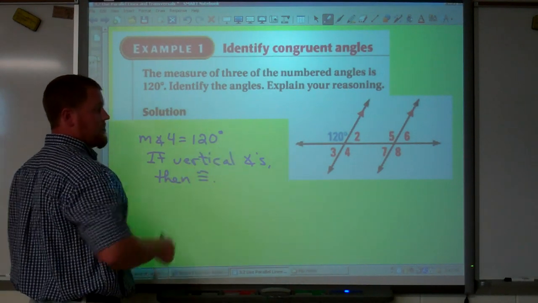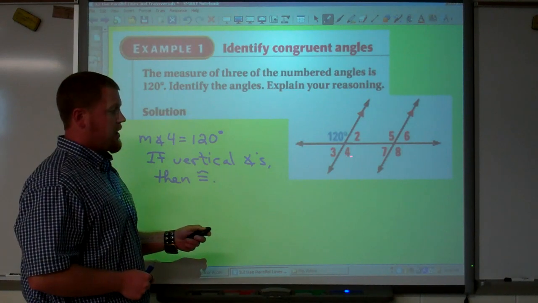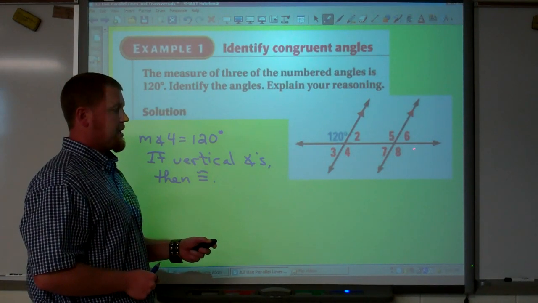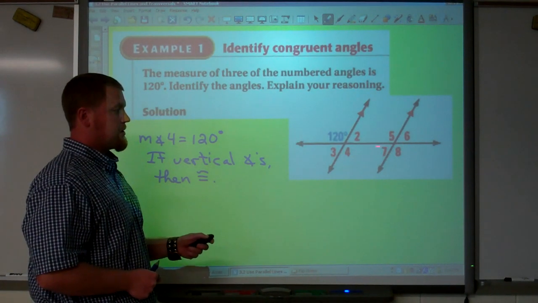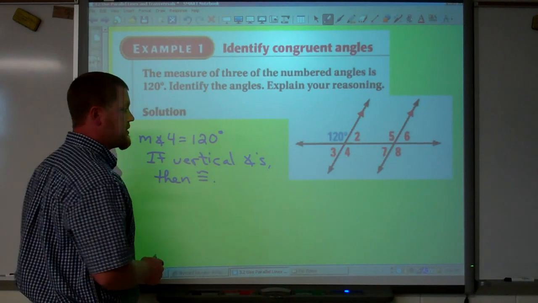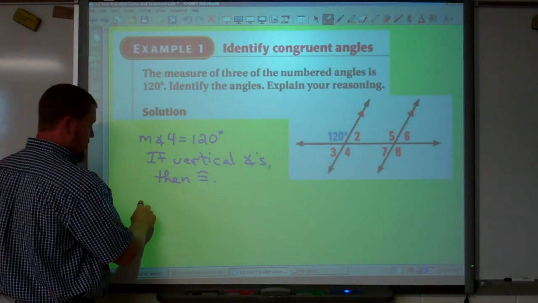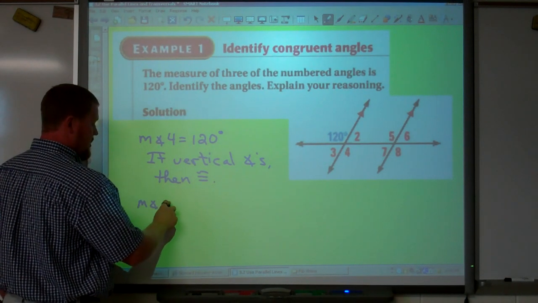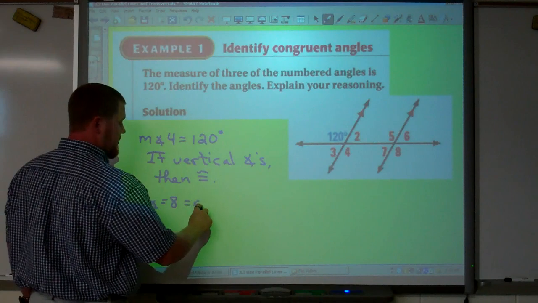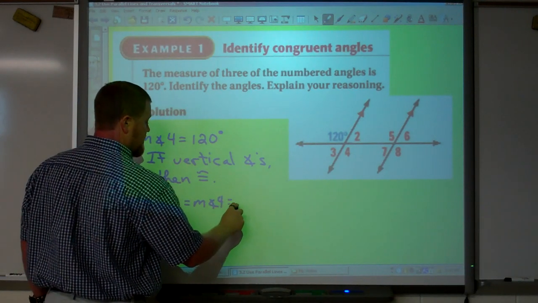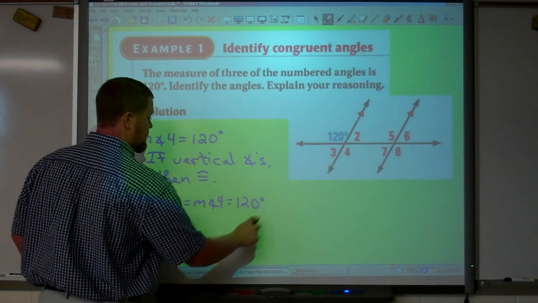Angles 4 and 8. The angle pair relationship that angles 4 and 8 have: they're on the same side of the transversal. One is exterior, one is interior. They're not adjacent. They are corresponding angles. So the measure of angle 8 equals the measure of angle 4, which is 120 degrees.